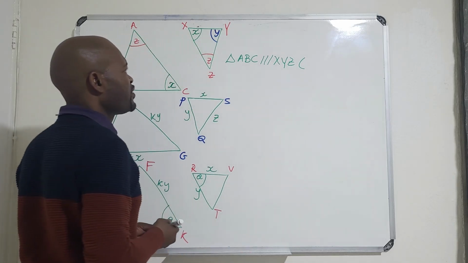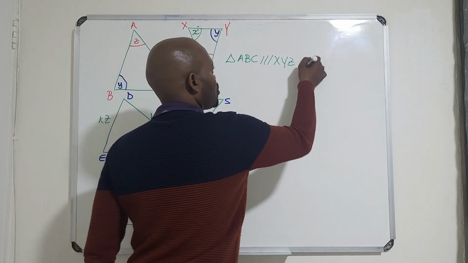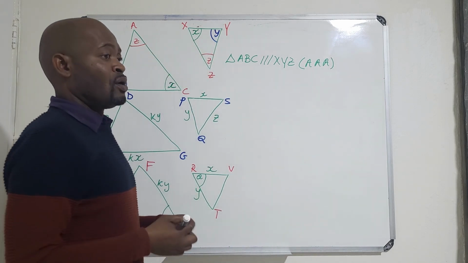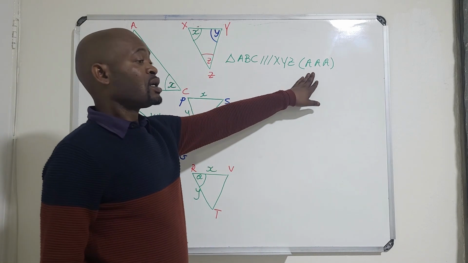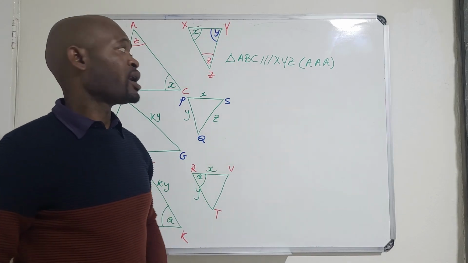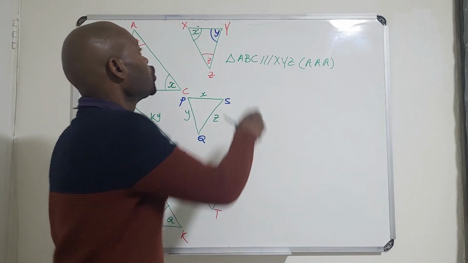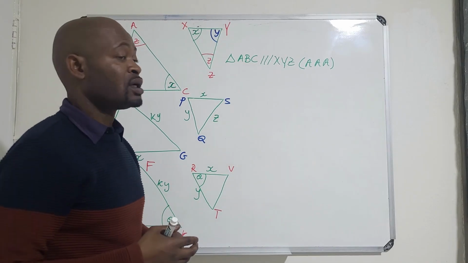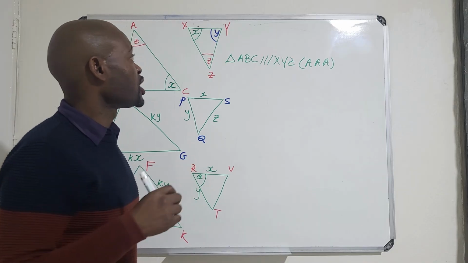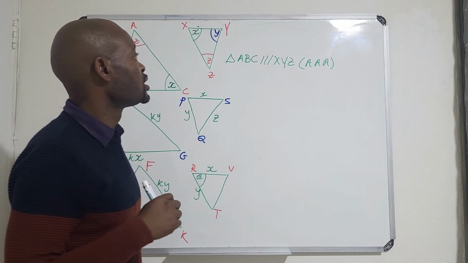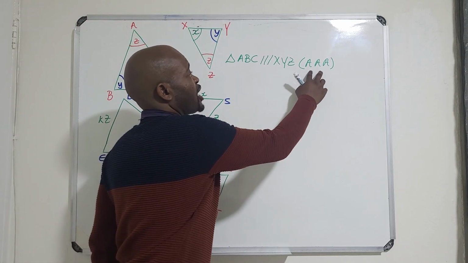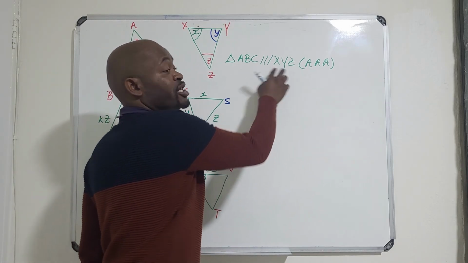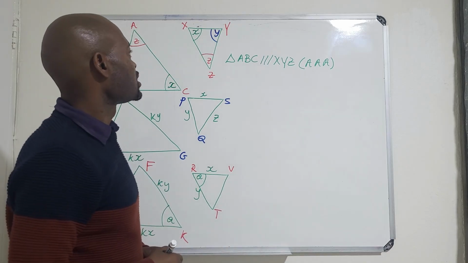And why are they similar? Because we've got angle, angle, angle. With congruency, we can't have angle, angle, angle and conclude that the two triangles are congruent. The only time we can conclude that the two triangles are congruent is when we've got side, side, side. But when we have angle, angle, angle, then it means that the two triangles are similar.